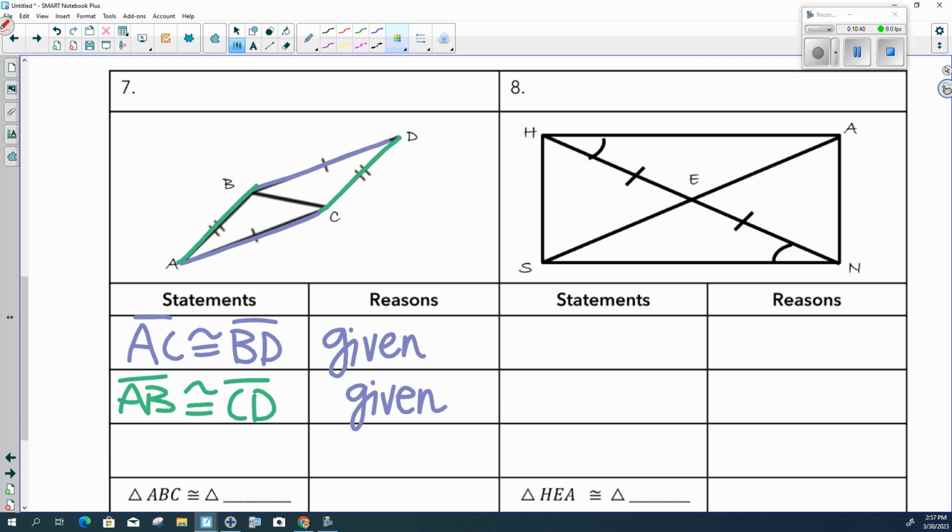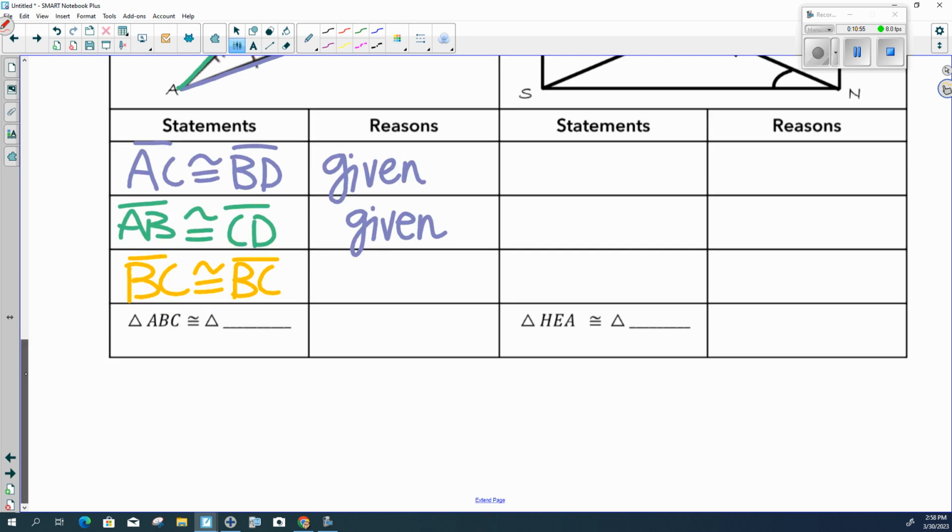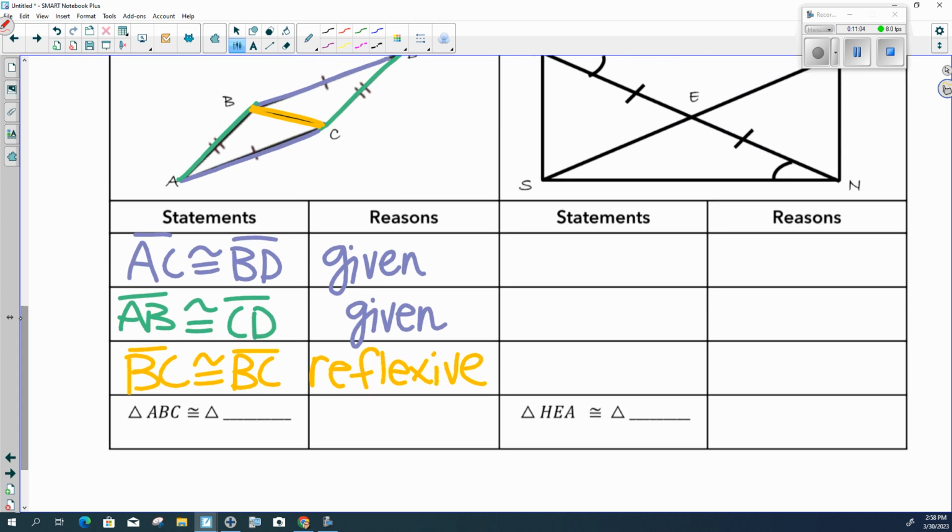But what I for sure know, let's come up with another fun color. I for sure can see that BC is congruent to BC, because of the way that this picture is drawn, they have a shared side. So my reason is going to be side, side, side.